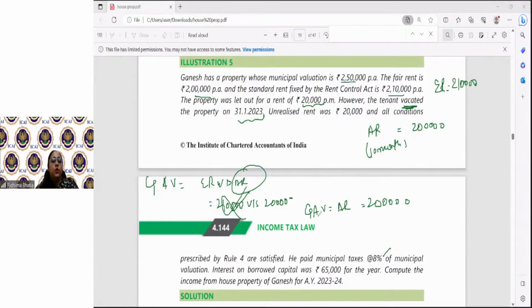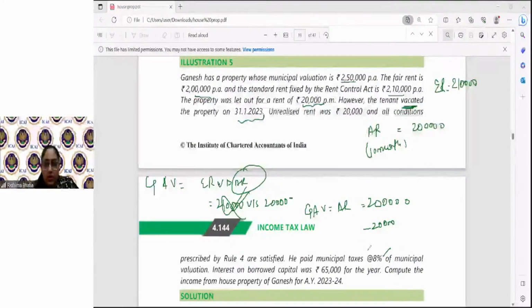Now GAV में से unrealized rent minus कर दिया 20,000 का 180 आया. 180 में से म्युनिसिपल टैक्सेस माइनस कर दिया, minus 8% of 250. 160 minus 30%, minus your interest on borrowed capital 65,000.